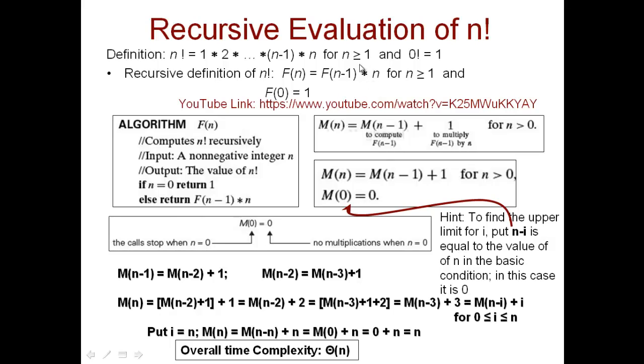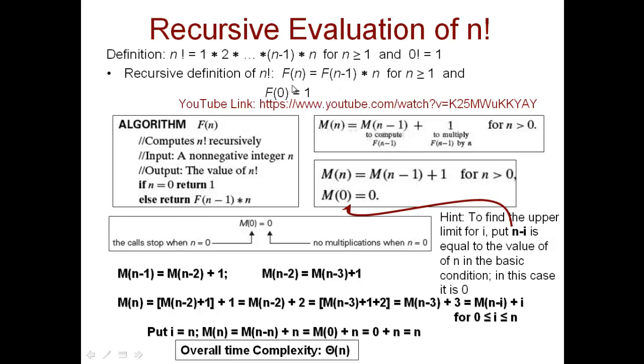So the multiplication is the basic operation here, and the number of times we do the multiplication is what we want to find. So M of n is the number of times we do the multiplication to find factorial of n. According to this recurrence, to find n factorial, we need to find n minus 1 factorial and do one more multiplication with n.